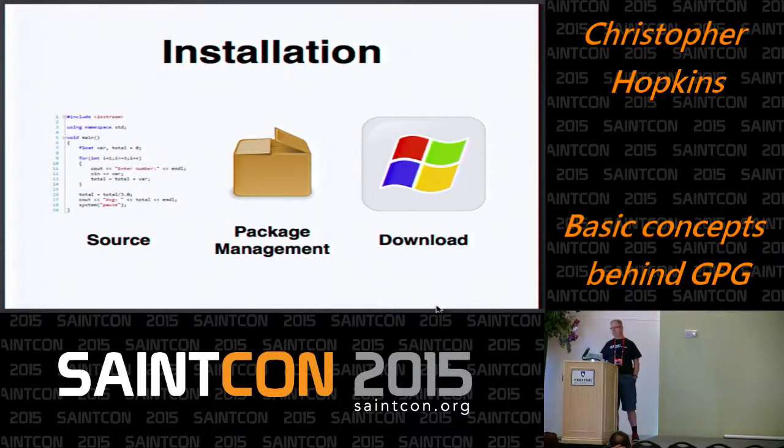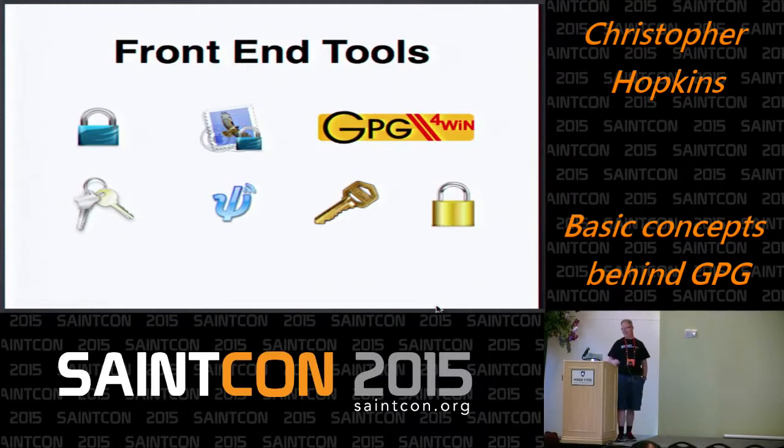Probably the most realistic option for most people would be some type of normal download. How many of you run Mac? A lot of people. So GPG Tools. How many of you are on Windows? Probably the rest, right? If you're on that, then there's GPG for Win. It doesn't matter what platform you're on, there are tools. You can use GPG.